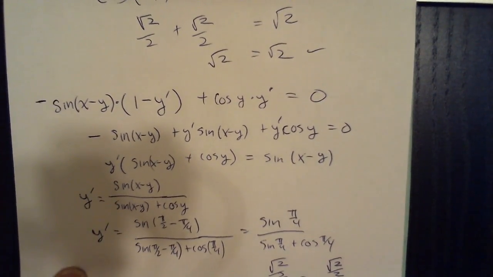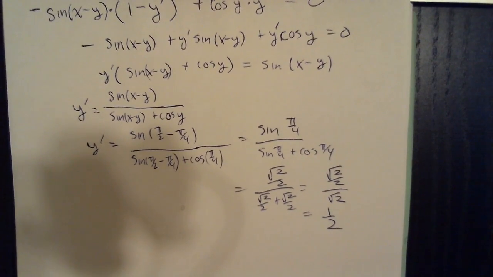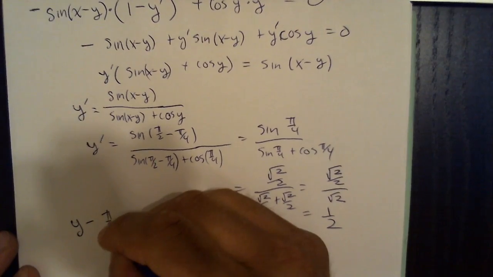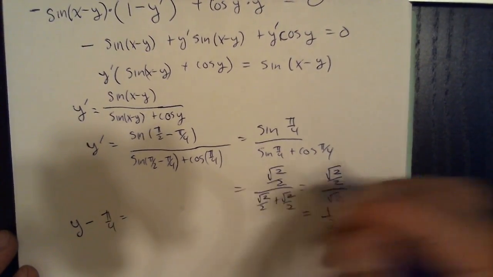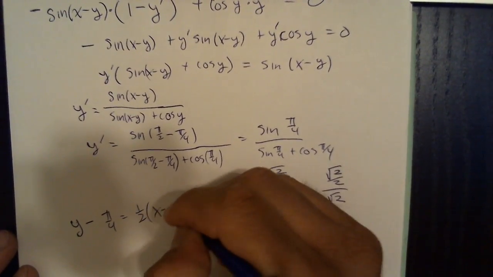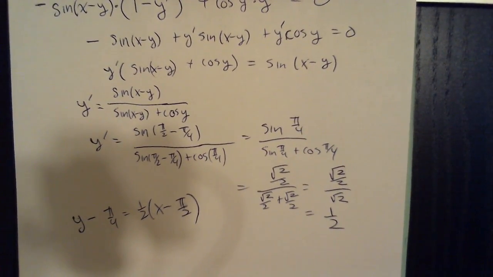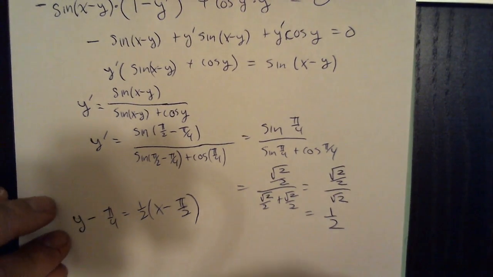And we should get 1/2. So that's the slope of the tangent line, and then given that point, our equation would look something like this. And that would be the equation of the tangent line. I'll leave it as is. You can simplify it, and I'm sure you can take it from there.